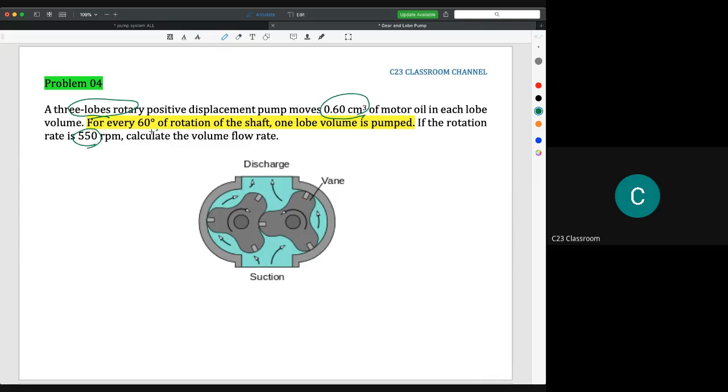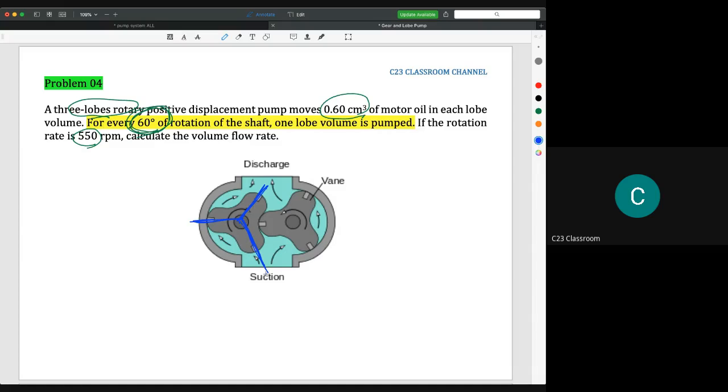So I just write this statement. I hope you could write your own statement, because normally the statement of how much volume is transferred for every certain degree is not written. So what I want to share here is that we have 3 lobes.